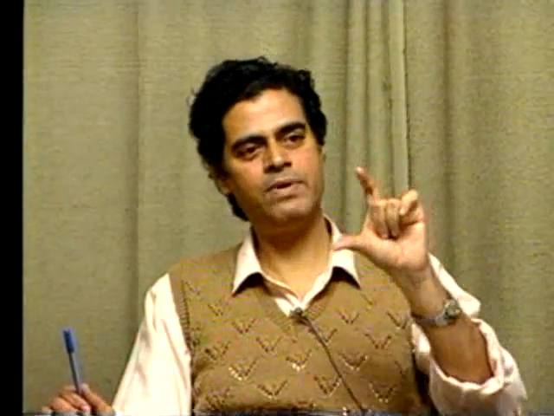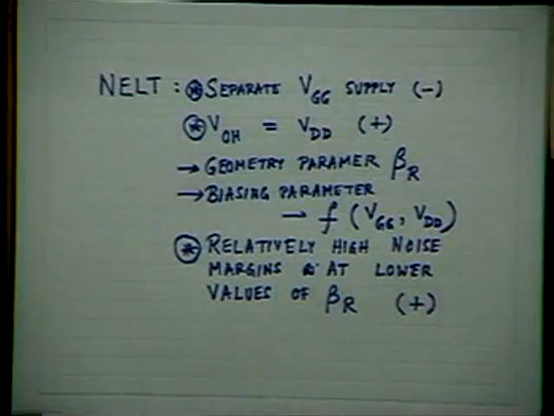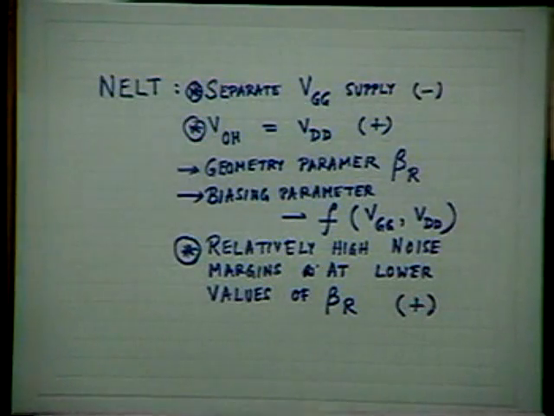So you are driving a capacitive load. This inverter is driving a capacitive load. In that case, the series resistance is very important. Lower the value of the series resistance, quicker will be the charging of the capacitor, speedier will be the inverter.